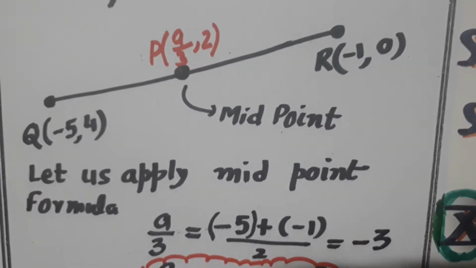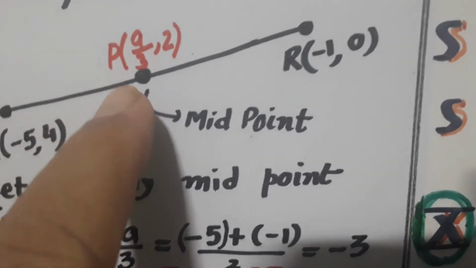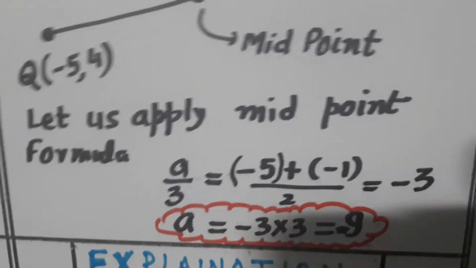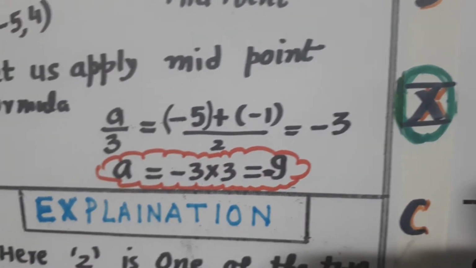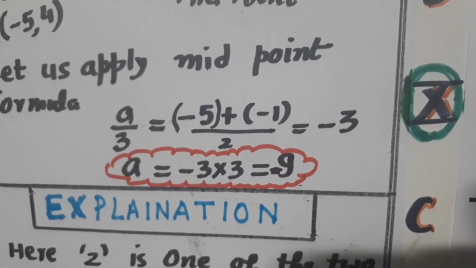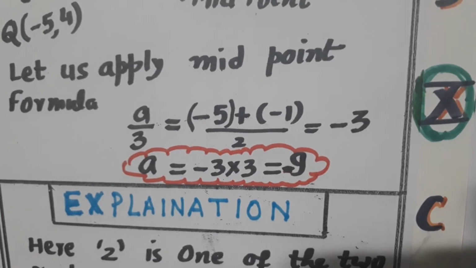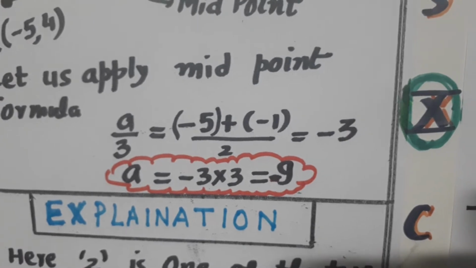So here the midpoint X is given as A by 3. Equate it. On equating, A by 3 is equal to (-5 plus -1) by 2. That is -3. A is -9. Very easy. Now let us go to the second question.